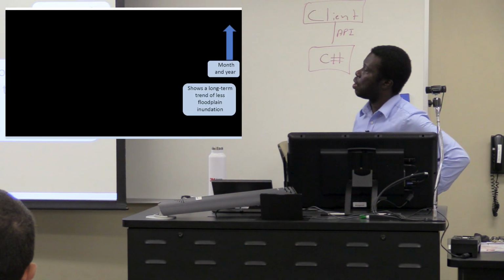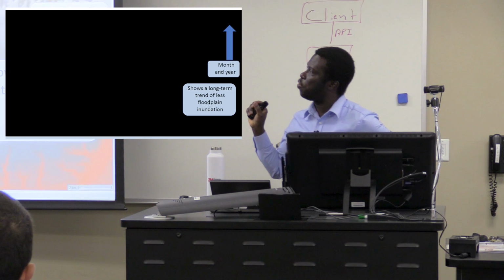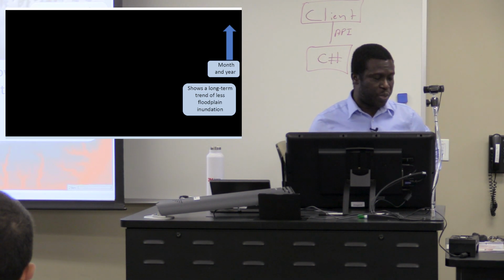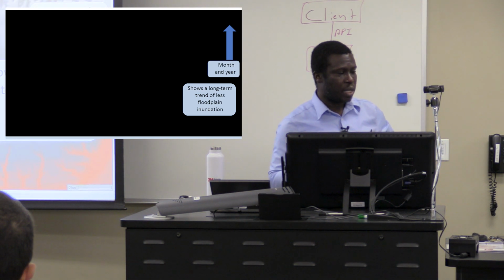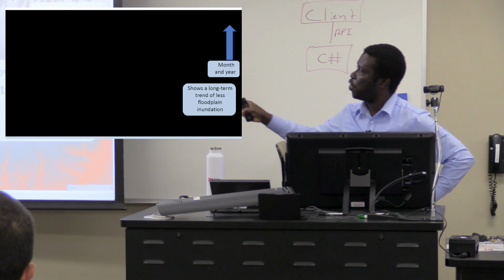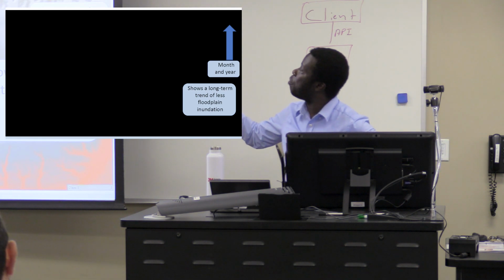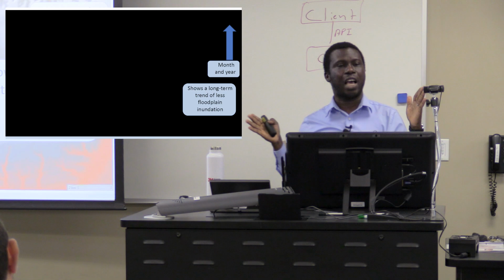Changes in inundation. This is just a short video that I created when I was developing the flood inundation model in HEC-RAS. So when you look at this video, you realize that over time, the inundation on the floodplain is actually reducing.